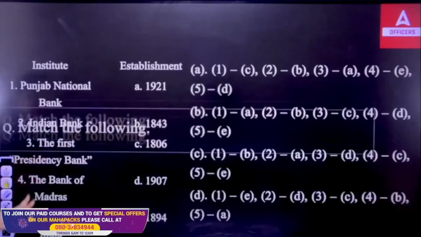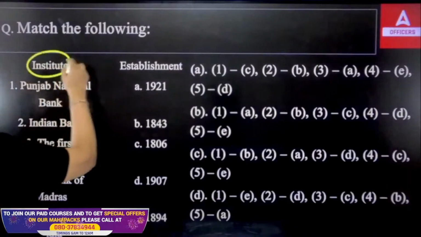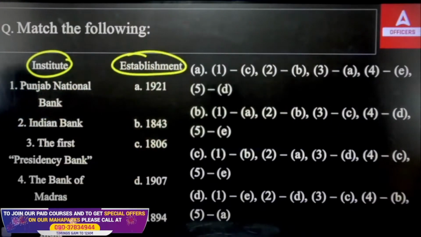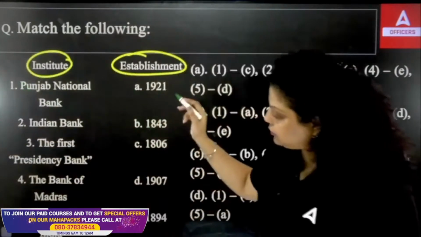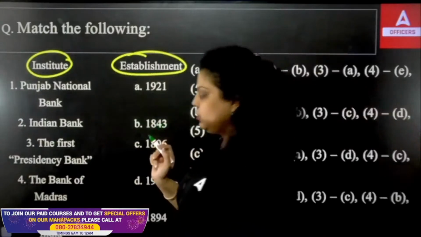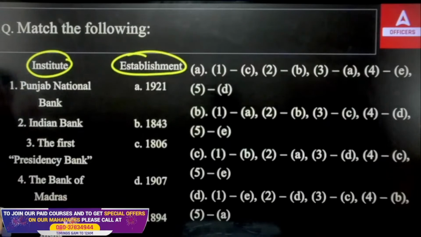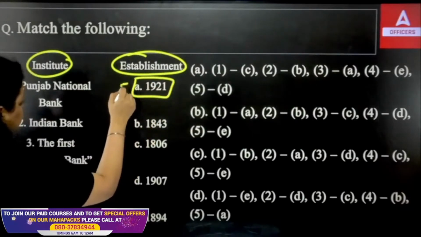Next question. Match the following. So we have institutes here, we have the establishment of the institutes, and we have to match them. So first let's see, out of these 5, which bank's establishment you know? So I know the establishment of Imperial Bank of India. Imperial Bank of India was established in the year 1921, that is the 5th.